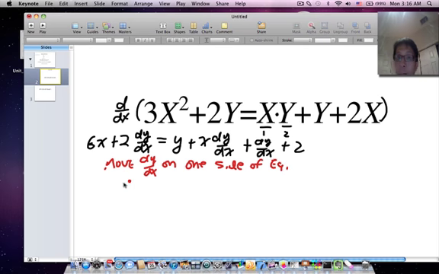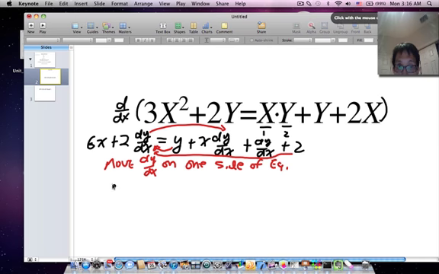Let's move this to this side, and the rest go to the other side. So let's do that.